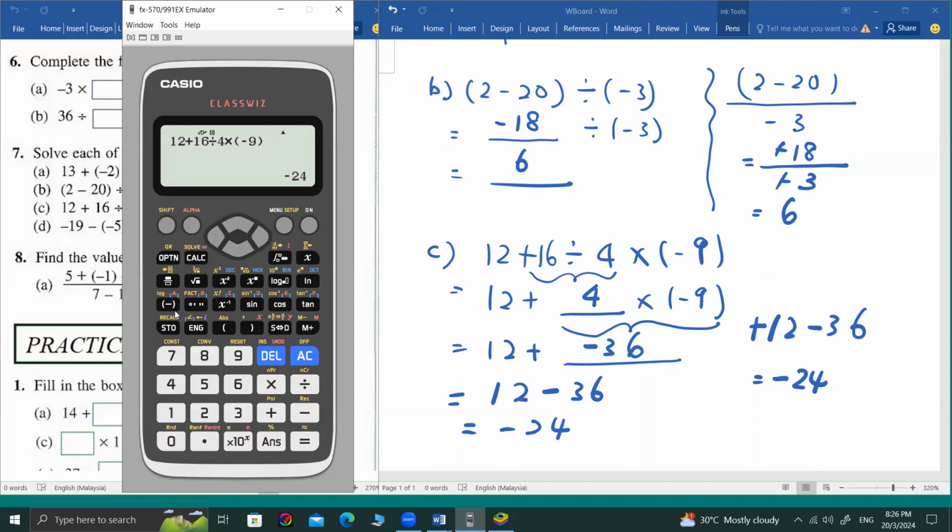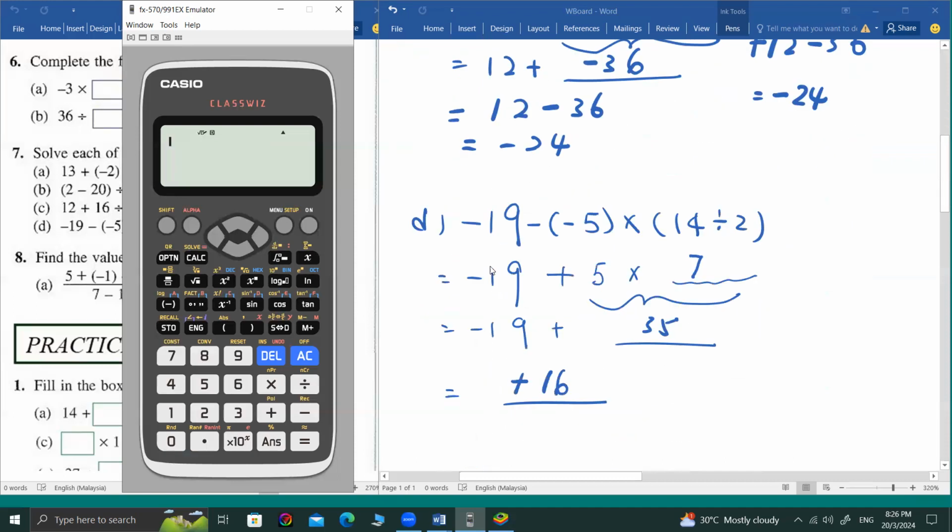So I prove to you, negative, you can key in this one or this one. Okay? Next, same thing, negative 19, very simple, minus, follow negative 5 times 14 divide 2.